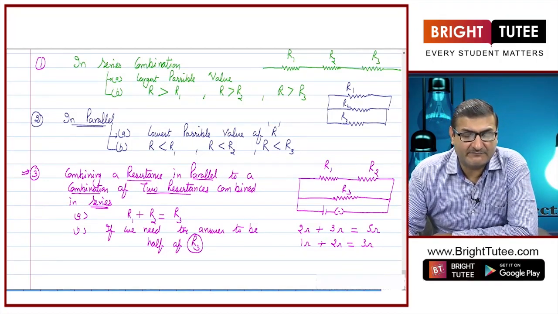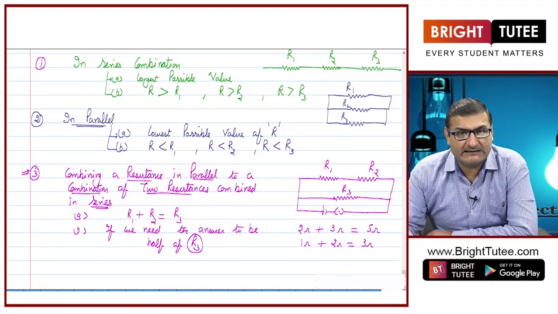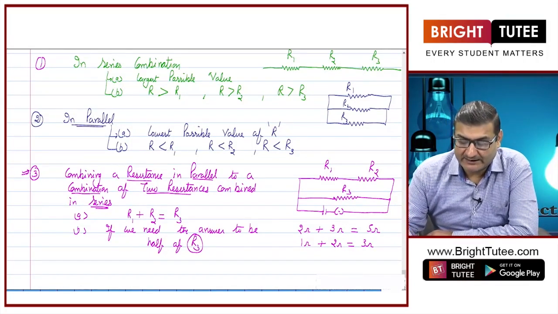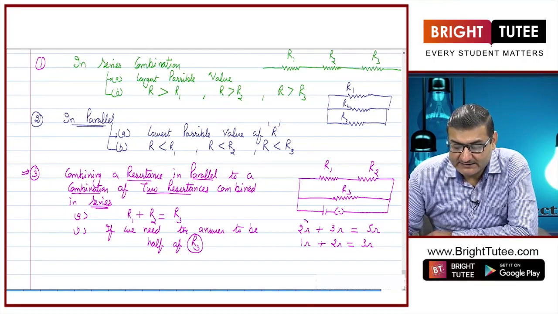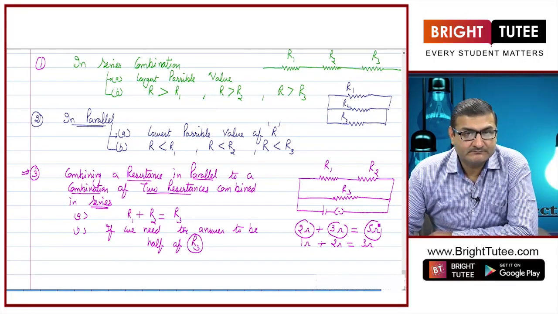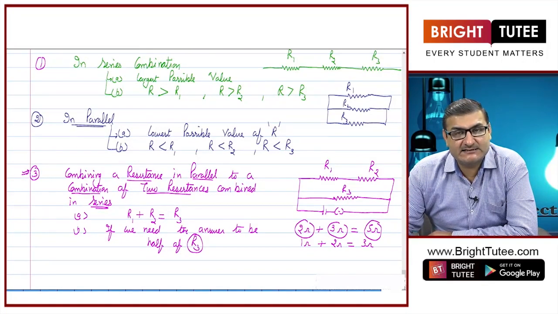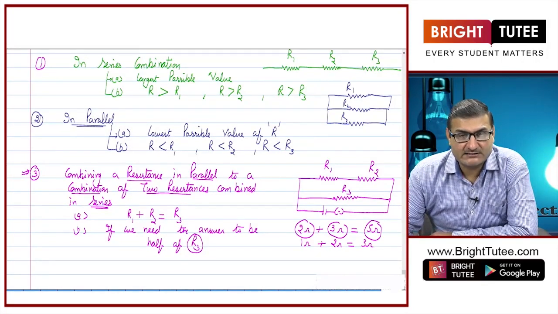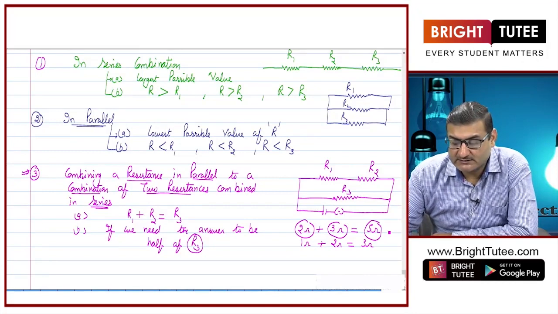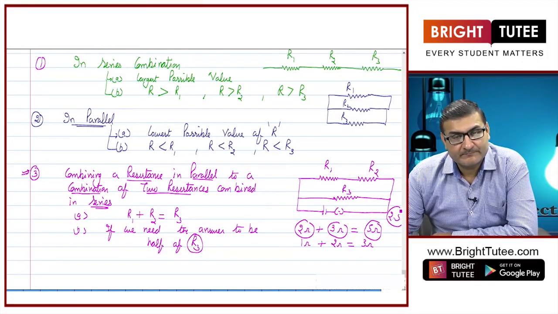Now, let me clarify it so that you may be able to better understand it. I will be asked in the question that we are given three resistances 2 ohm, 3 ohm and 5 ohm. How will you connect these resistances so as to get a total resistance of 2.5 ohms?